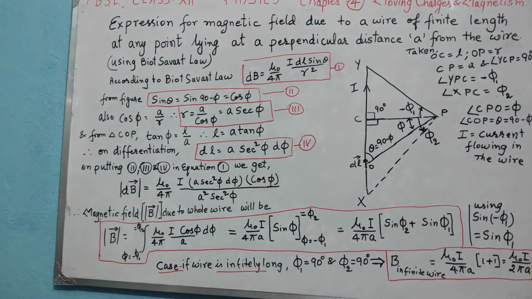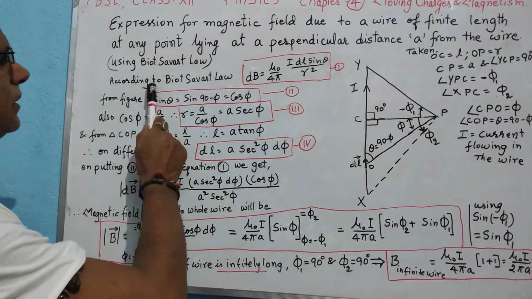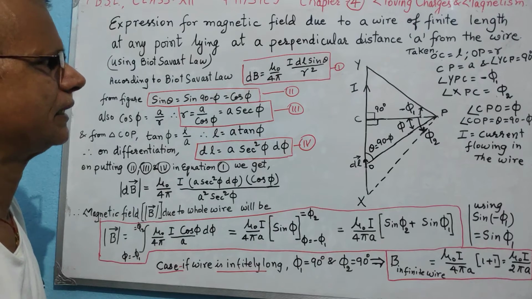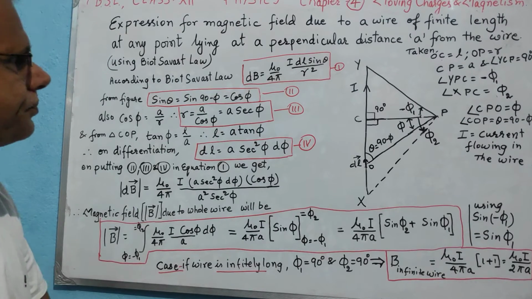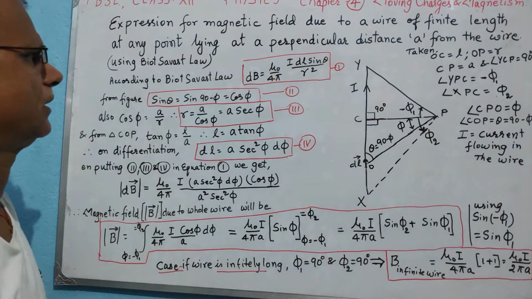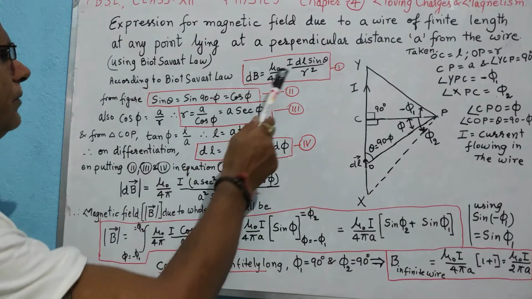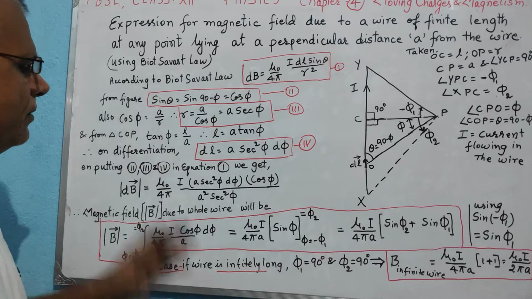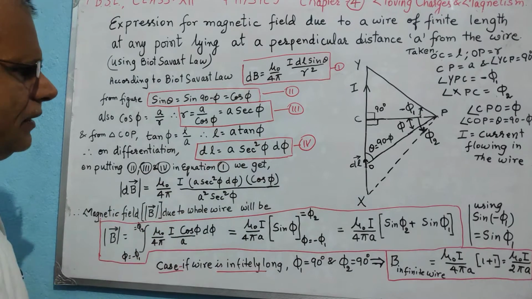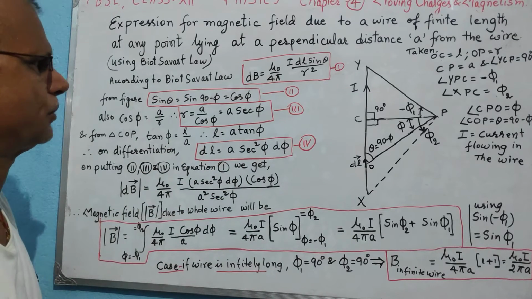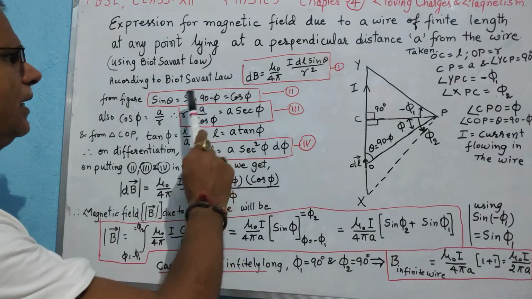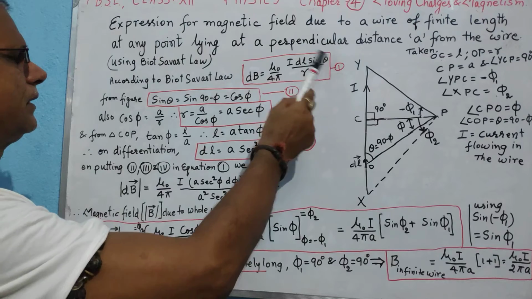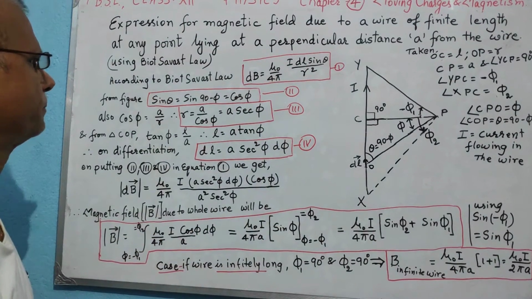Here you see, according to Biot-Savart law we have dB is equal to mu 0 by 4 pi I dl sin theta by r square. We already know this. Here we have to substitute certain values so that we can find the total magnetic field on integrating the expression. So here we are to find the value of the terms given in this expression.